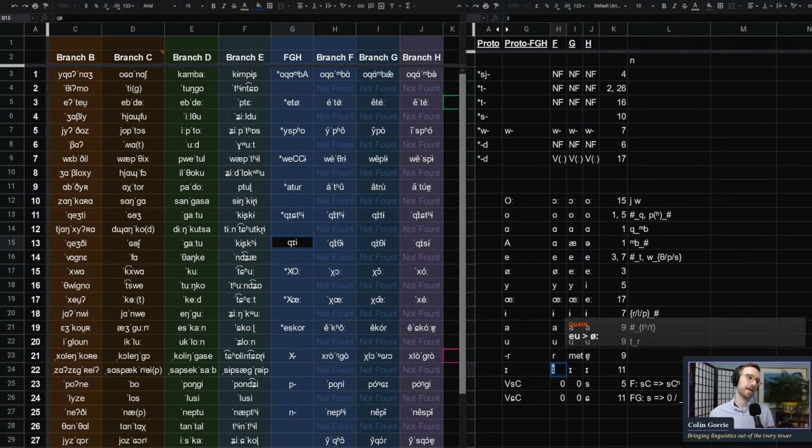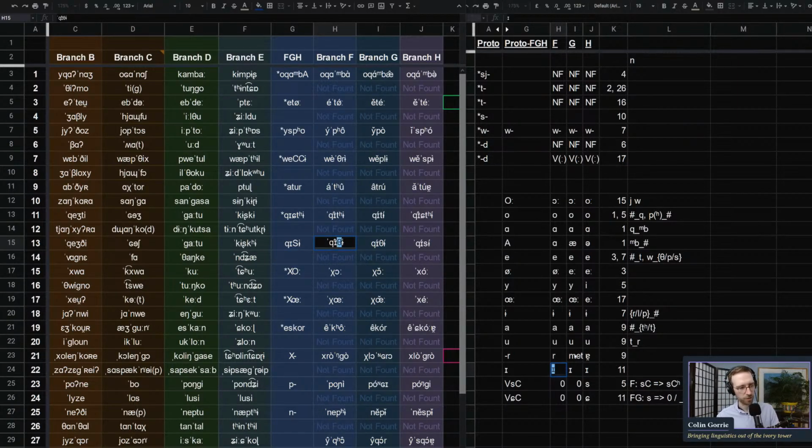And then maybe th or s. Let's put an S there. Not sure what's going to be our reconstruction there.